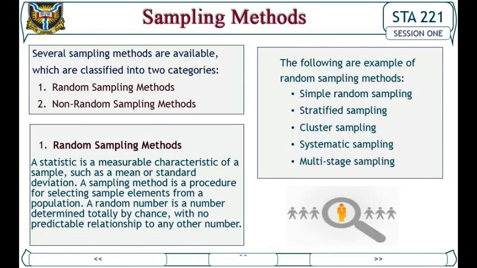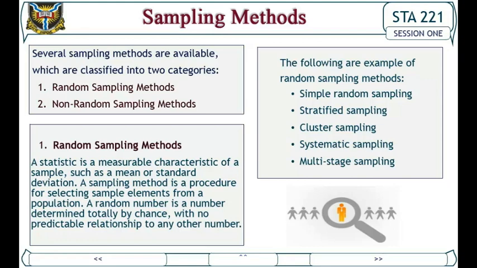Sampling methods. Several sampling methods are available, which are classified into two categories. 1. Random sampling methods. 2. Non-random sampling methods. 1. Random sampling methods. A statistic is a measurable characteristic of a sample, such as a mean or standard deviation.